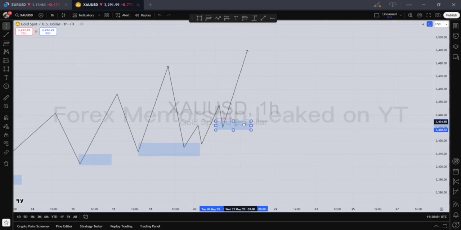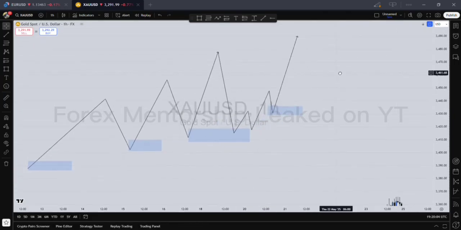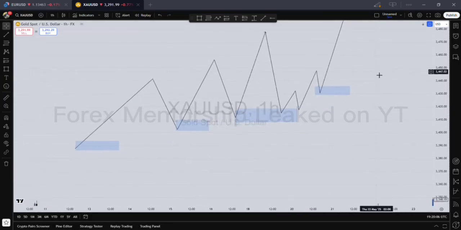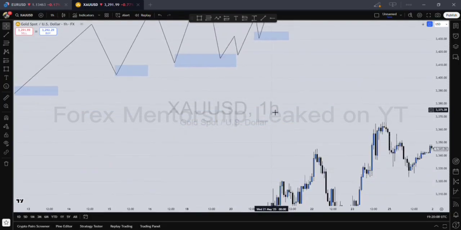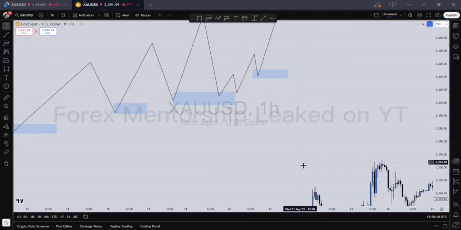Now there's something peculiar about order blocks that most traders don't know, is that some of these order blocks, they are points of inducement. They are not, of course, every order block, they are liquidity zones.